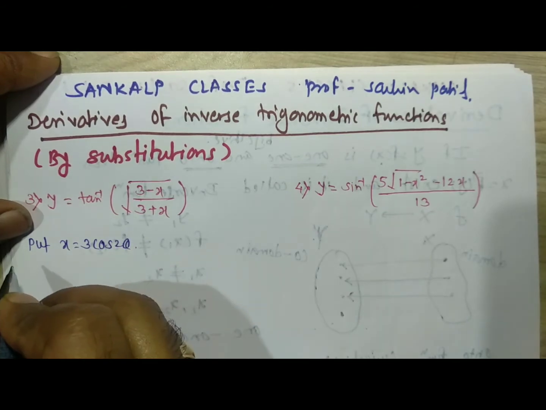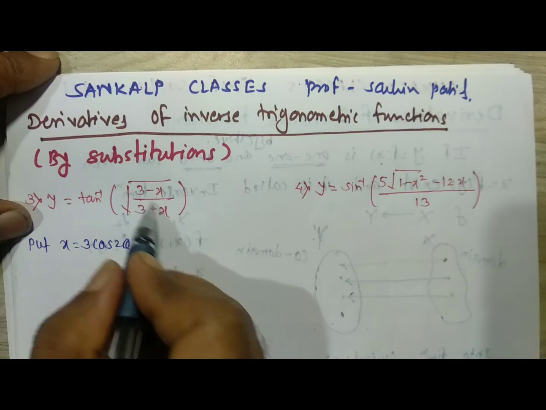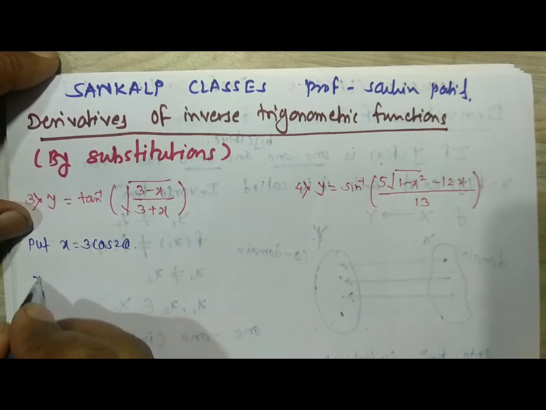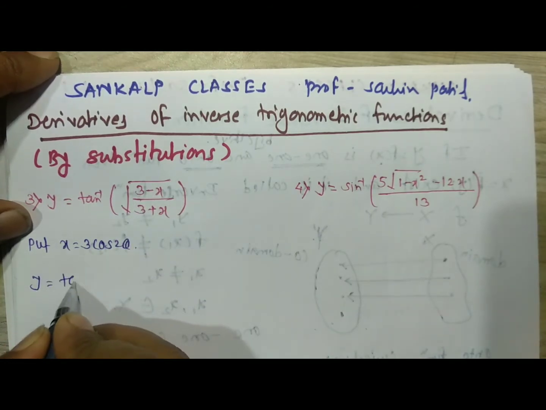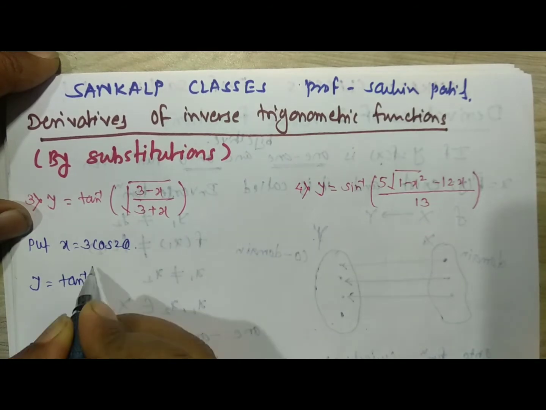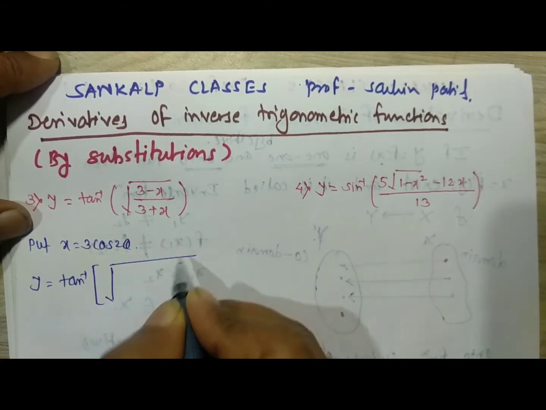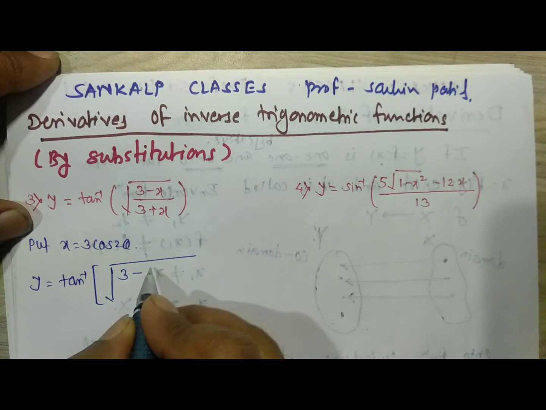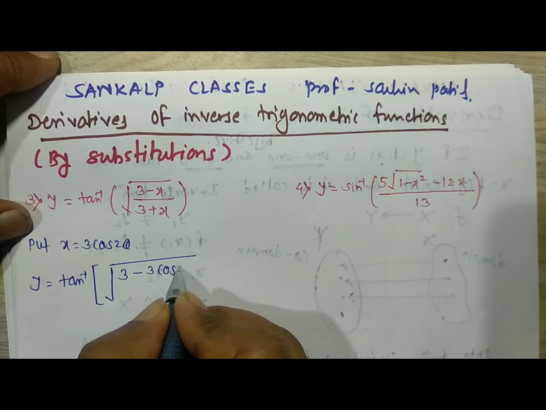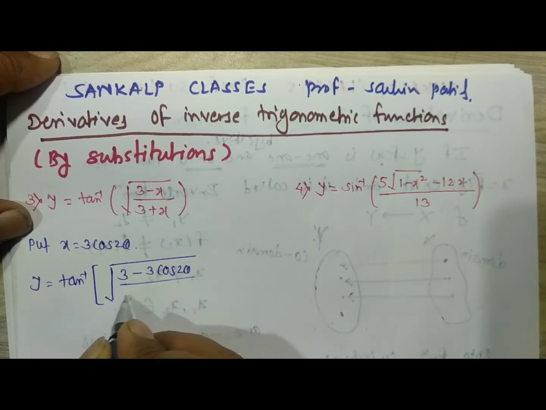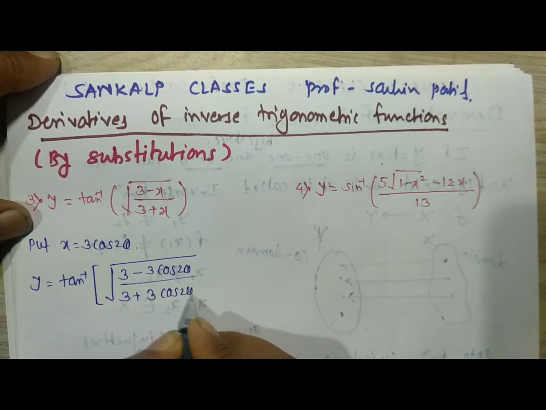By putting this value inside this expression, y becomes y is equal to tan inverse of the square root of 3 minus 3 cos 2 theta divided by 3 plus 3 cos 2 theta.